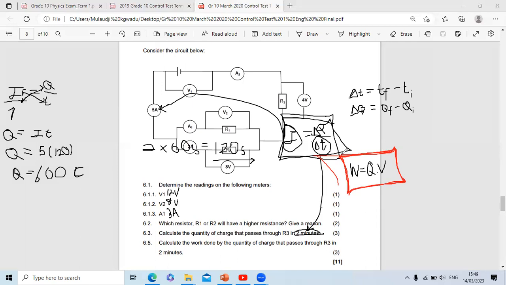The work done in a circuit is equal to the charge multiplied by the voltage. Not exactly in a circuit, but at a particular point or on a resistor or between 2 points, you know.